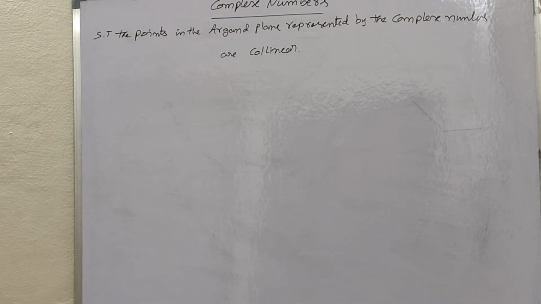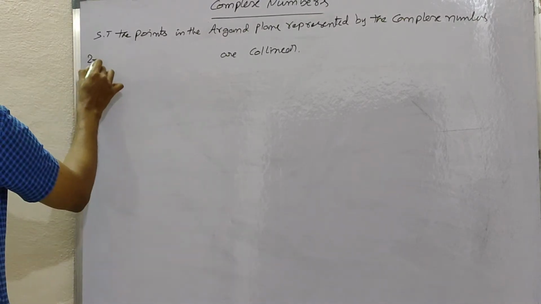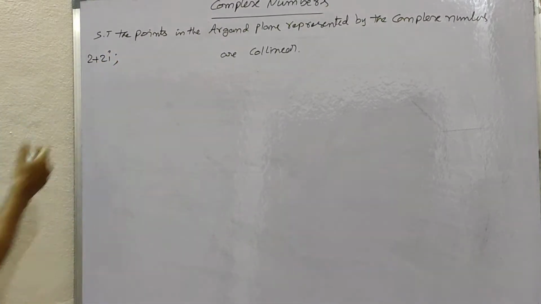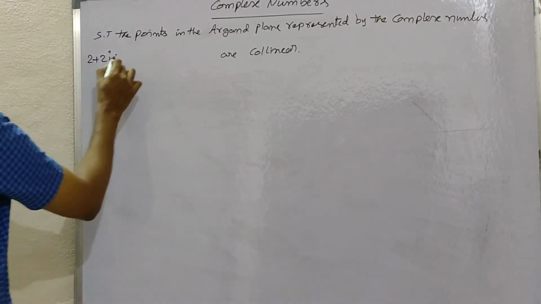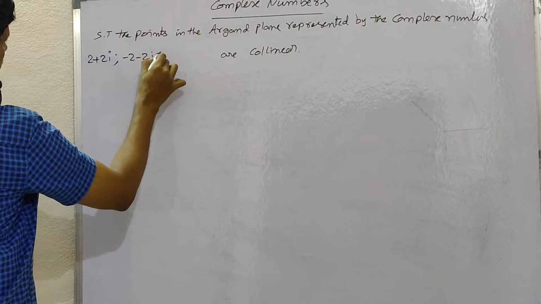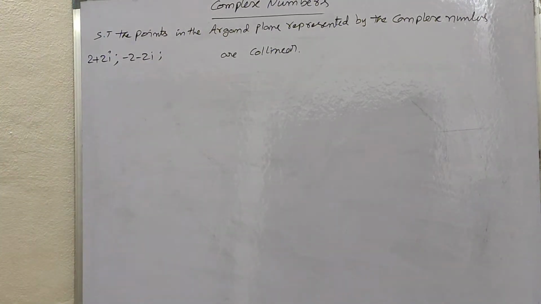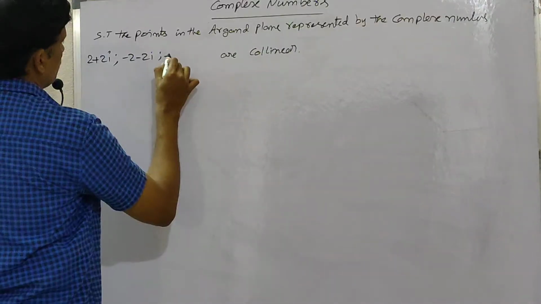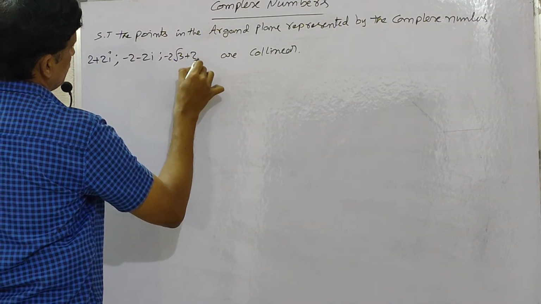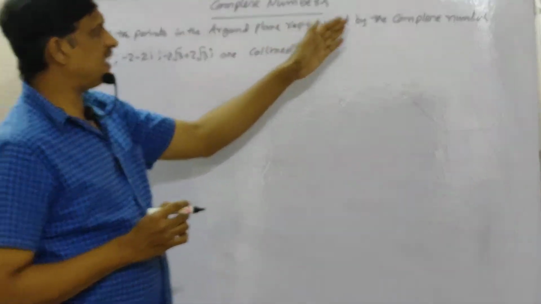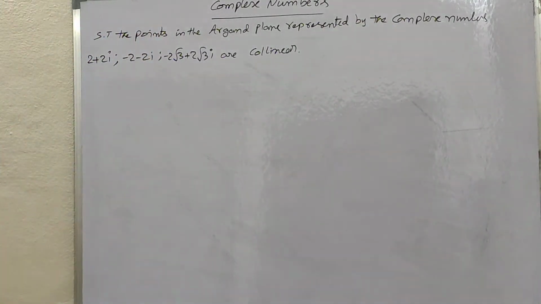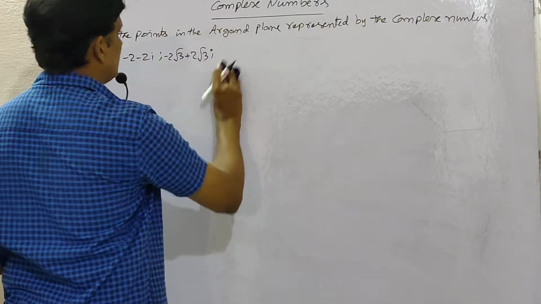Here the first complex number is 2 plus 2i, and the second complex number is minus 2i, and the third complex number is minus 2 root 3 plus 2 root 3i. Show that the points in the Argand plane represented by the given complex numbers form an equilateral triangle.